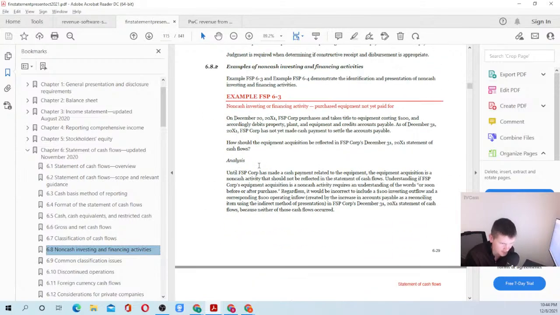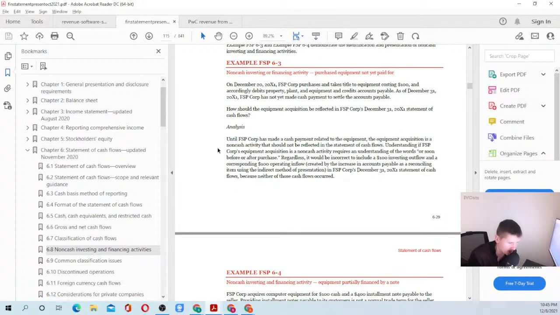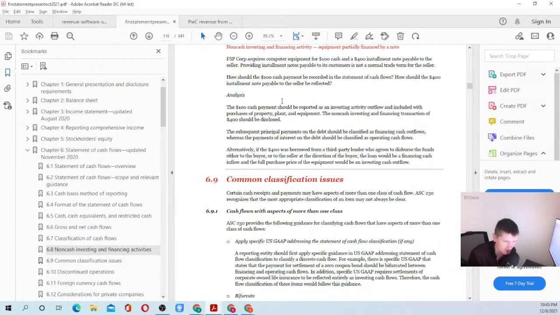And if you scroll down a bit, you will find examples where they discuss when the acquisition of property, plant, and equipment results from non-cash transaction and when it results from a cash transaction.